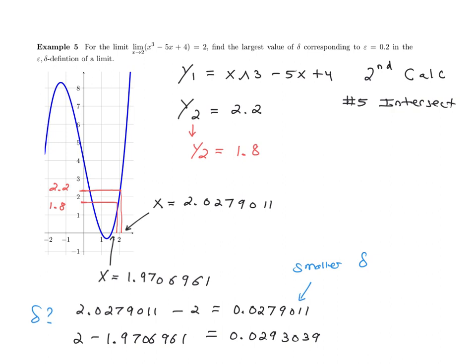And I guess I'll round it to 4 decimal places. And if I do that, I get 0.0279, and it actually rounds it down, so it does make it even smaller, but that will be the delta that I can use to ensure that any x value I choose in here will be within 0.2 of the limit over here.